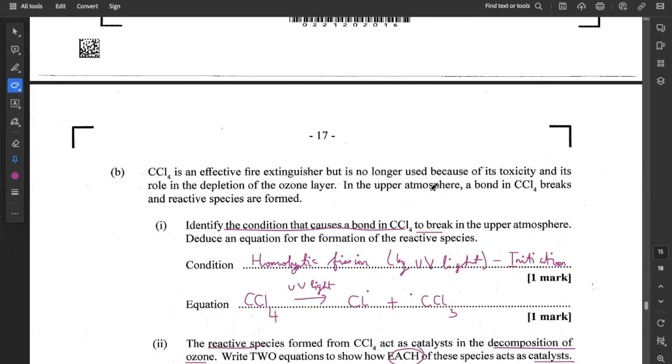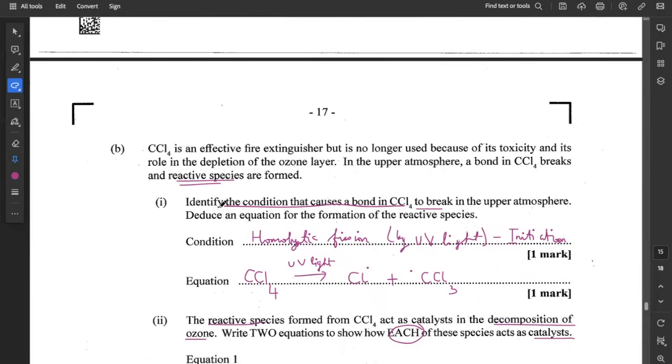In the upper atmosphere, a bond in CCl4 breaks and reactive species are formed, right? So identify the condition that causes a bond in CCl4 to break in the upper atmosphere, and then deduce an equation for the formation of the reactive species.